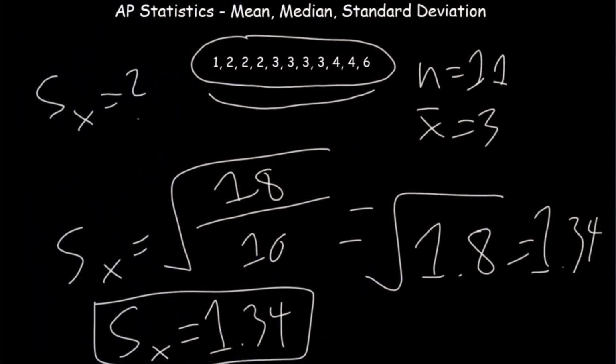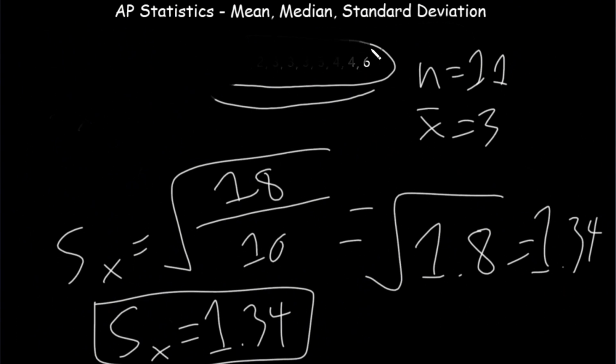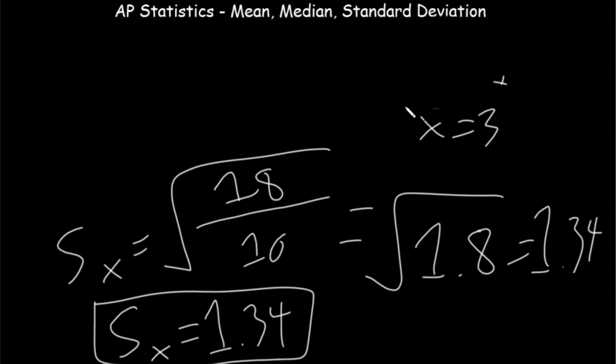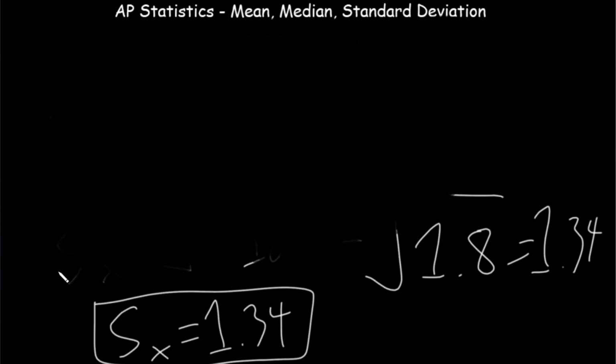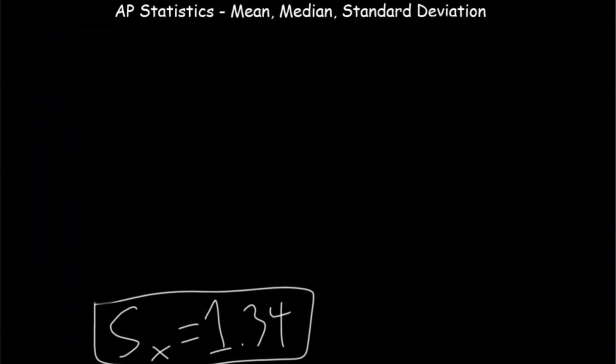Now, what does this mean conceptually? So let's get rid of all this data and everything else we have here. Okay, so hold on. What this means is, let's say we know that the mean is 3, right?